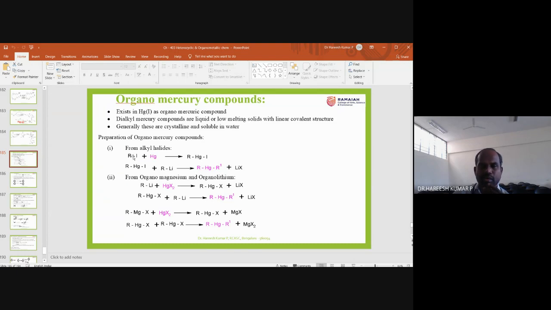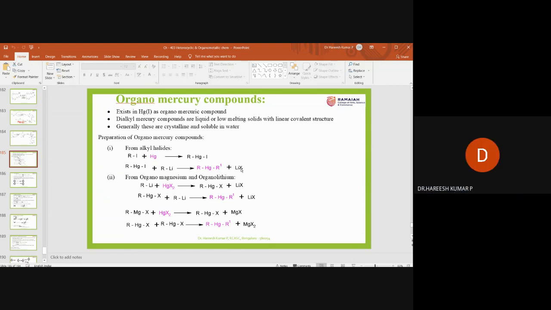The same alkyl mercuric iodide, when it is treated with organolithium, forms a dialkyl mercury. So R2Hg is called the dialkyl mercury. Of course, LiX is a byproduct, which can be removed. This is a liquid, this is a solid.